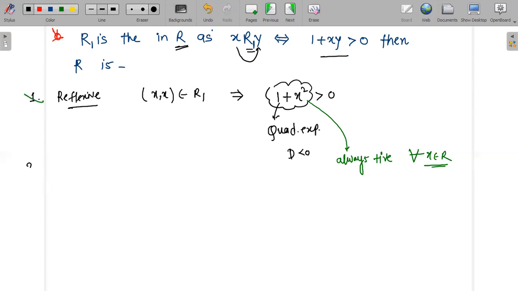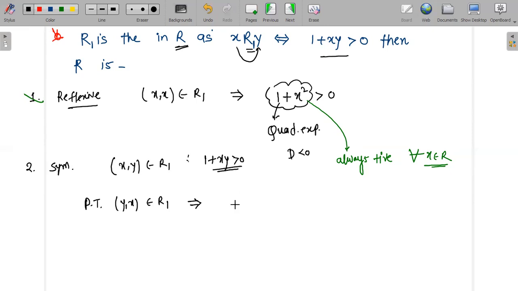To check whether your relation is symmetric or not, for symmetricity, where element x comma y belongs to relation R1, you need to prove that with the same relation y comma x also belongs to relation R1. So for that, swap the position of x comma y. Since it is given that 1 plus xy is greater than 0, swapping the position of y and x will not change the actual expression.